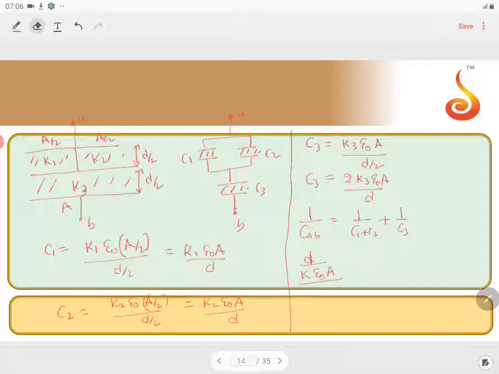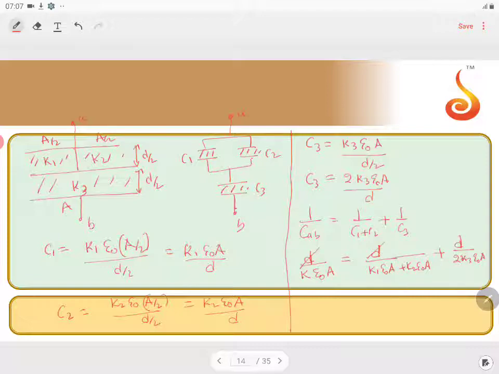So this is equal to 1 by C1 plus C2. Here in both C1 and C2 we have D in the denominator. So you will get D divided by K1 epsilon naught A plus K2 epsilon naught A, actually K1 epsilon naught A by D plus K2 epsilon naught A by D. So the D, if we take common, you can send to the numerator, plus 1 by 2K3 epsilon naught A, that again this D will come to the numerator.